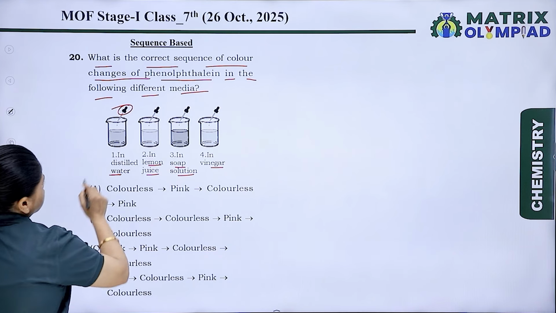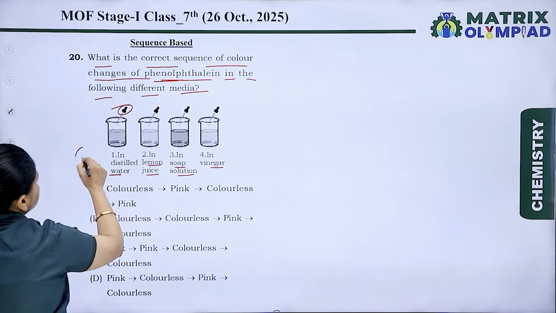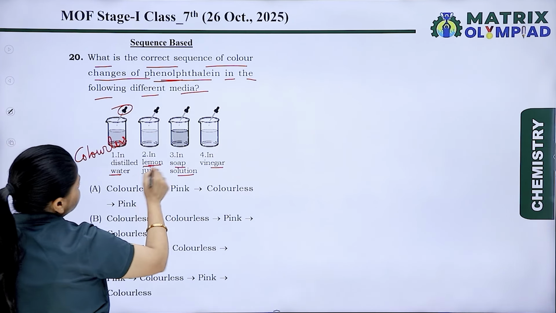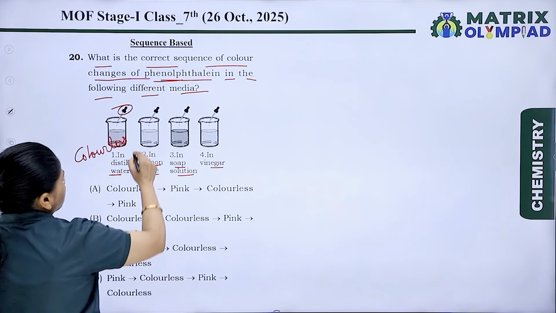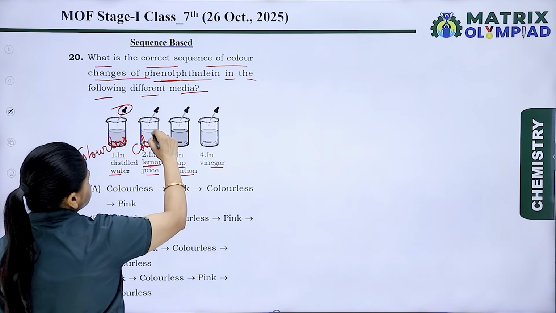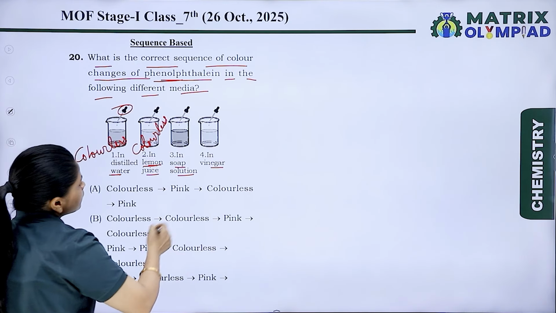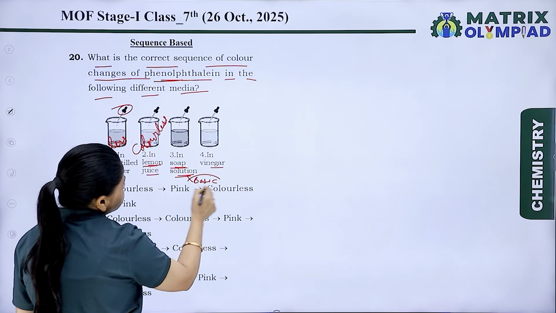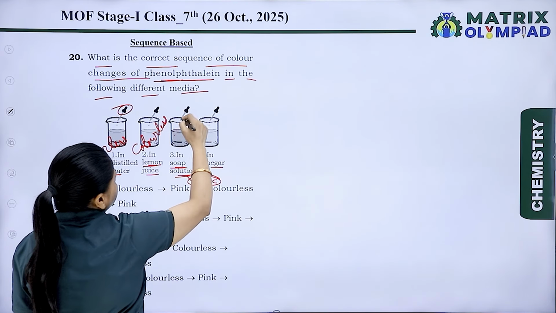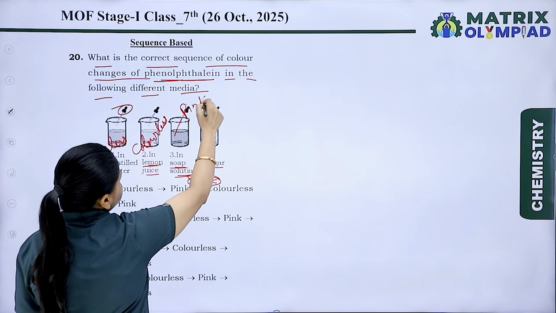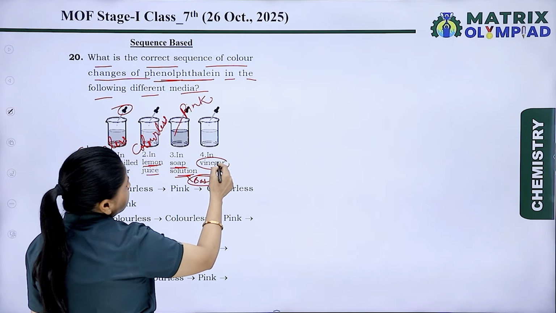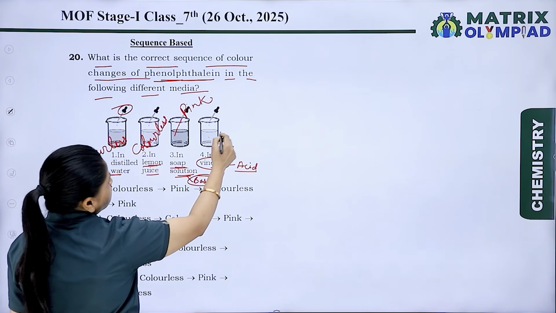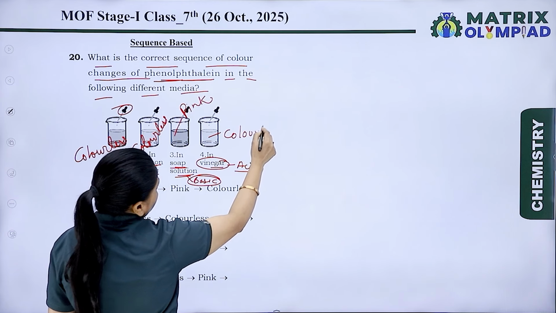In distilled water, phenolphthalein remains colorless, and in lemon juice, which is acidic, again it remains colorless. In soap solution, which is basic, phenolphthalein gives pink color. In vinegar, which is acid, phenolphthalein remains colorless.